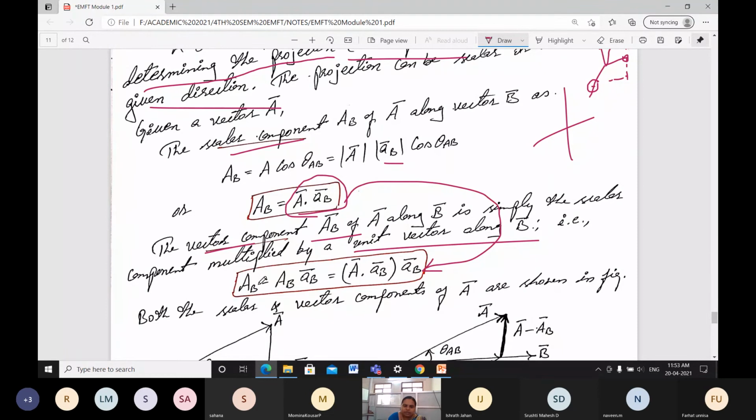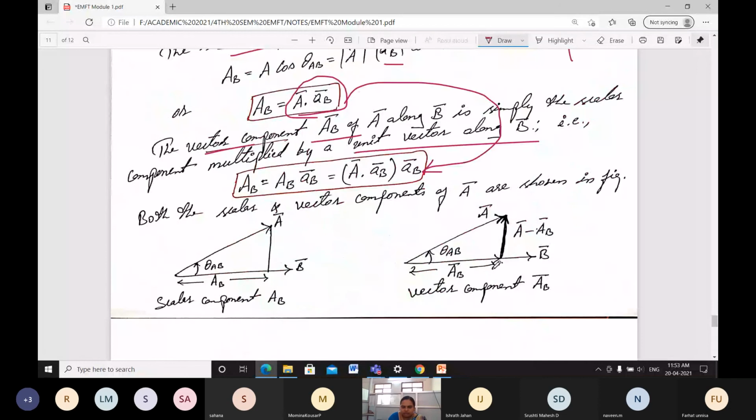Observe here, A_B equals A_B into the unit vector a_B, which I can write as (A dot unit vector a_B) into the unit vector a_B again.